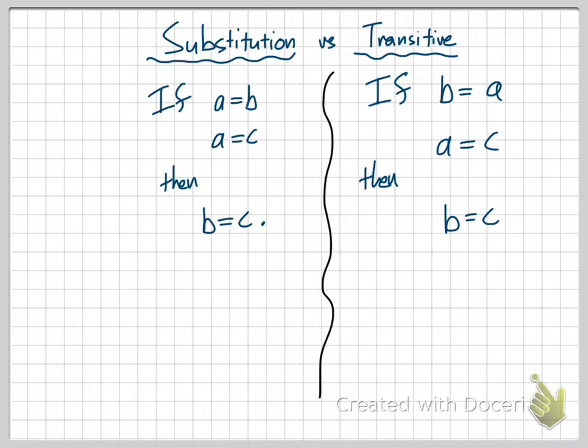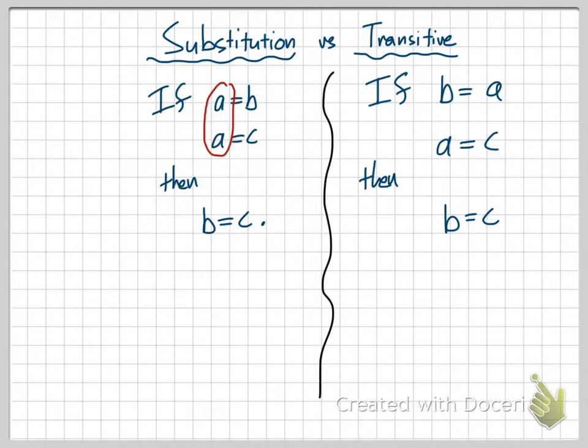And next is a property you learned in Math 1, and that is substitution and transitive. These are very similar, but the way that these are written depends on which property we use, whether it's substitution or transitive. So for example, in substitution, we have A is equal to B, A is equal to C. Notice that A is on the same side, so here we can substitute.